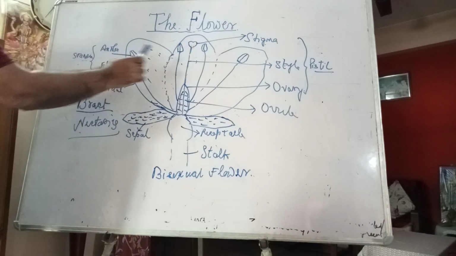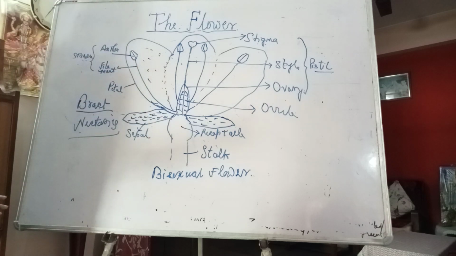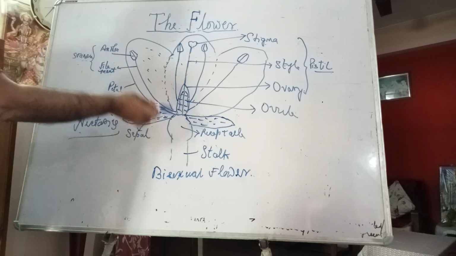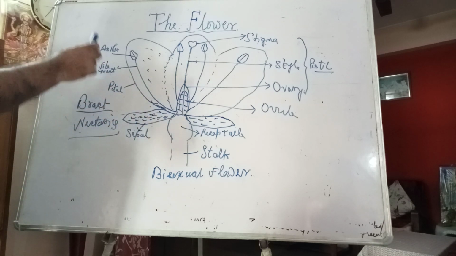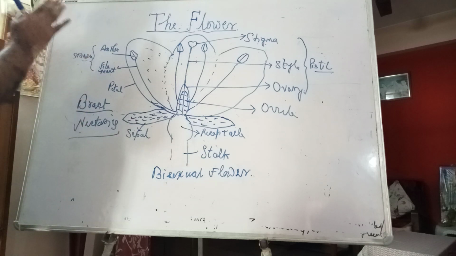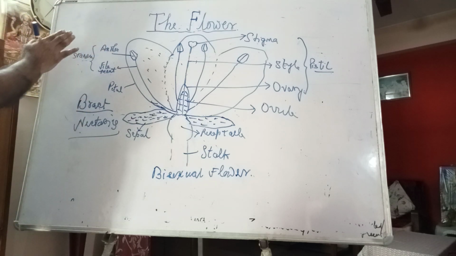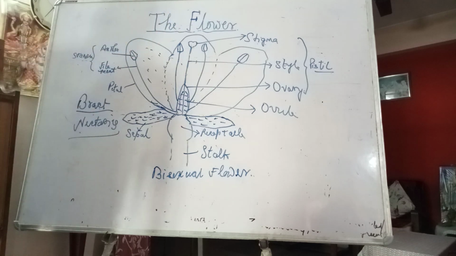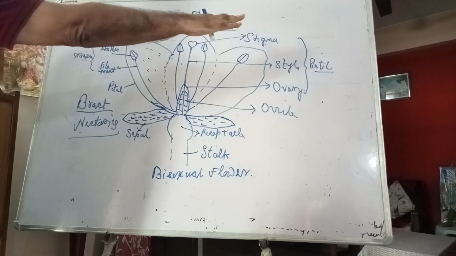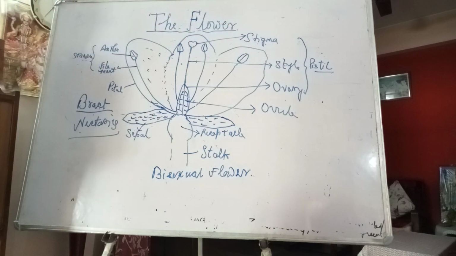If even one part is missing, it is an incomplete flower. This is clear, students? And then bisexual, I already revised. Both the reproductive parts have to be there, and unisexual means only one part will be there, whether stamen or pistil. If it contains stamen, it will be a staminate flower. If it contains pistil, it will be a pistillate flower. Male flower or female flower.